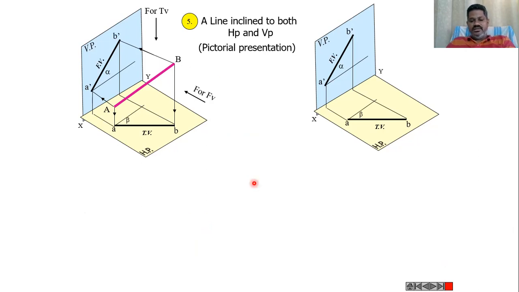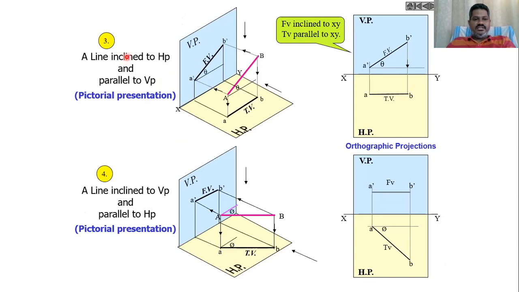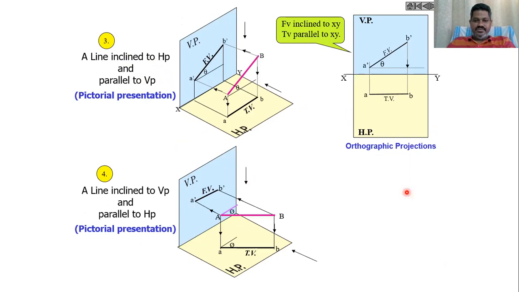Then, when the line is inclined to HP and parallel to VP, we have seen that. First we have to draw the top view, then we have to draw the front view with the projections.